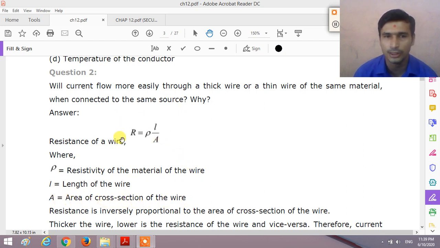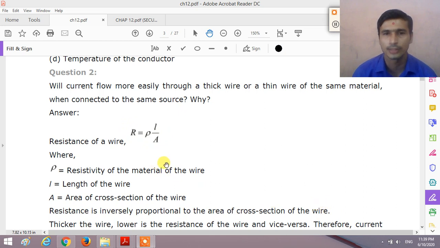So from this formula, the resistance of the conductor is inversely proportional to the cross section area of the wire.